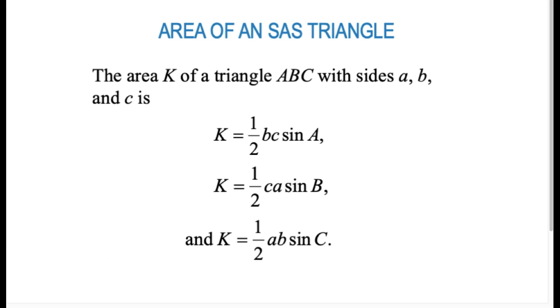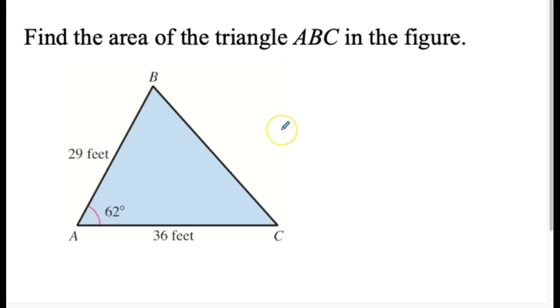So let's go through an example with actual numbers. Let's say we want to find the area of this triangle. We've got this side's 36, this side's 29, this side's 62. So we know K is equal to 1/2 times the two sides.